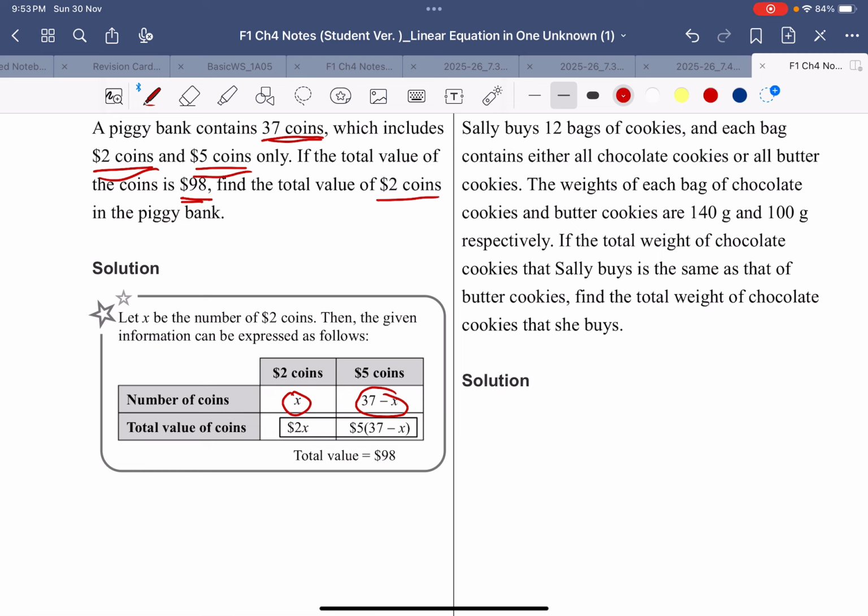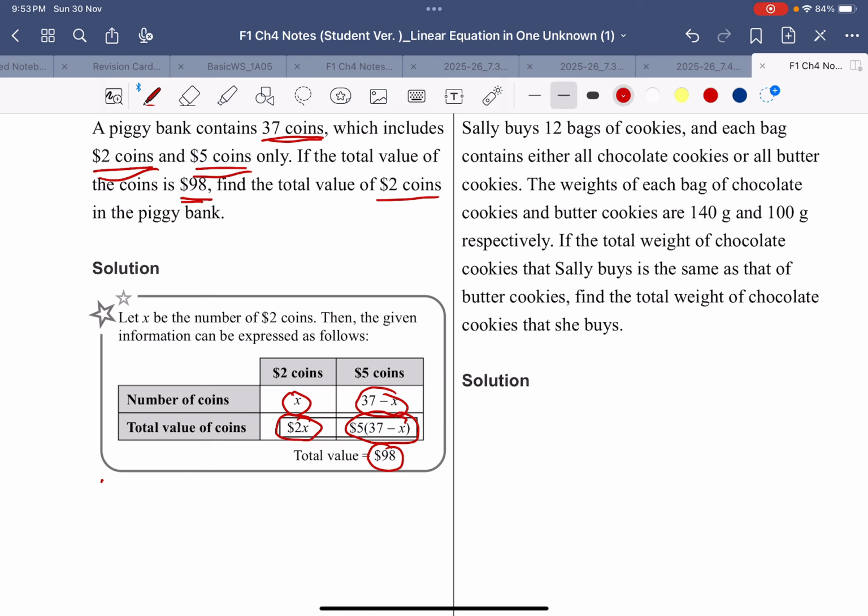So the total value should be 2 times X for the $2 coins. You have X $2 coins, so they make up 2X dollars. And you have 37 minus X $5 coins, so it would be this amount. Add up to 98. Let statement first.